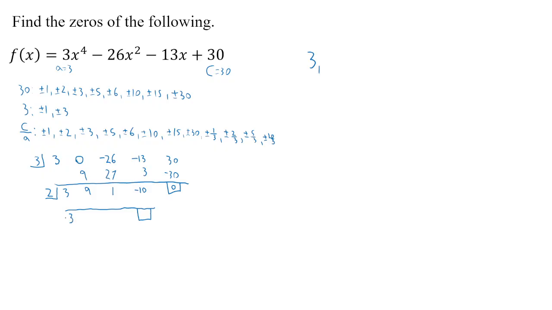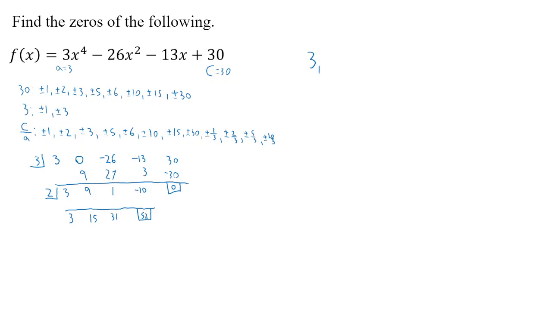Bring down your 3. 2 times 3 is 6. 9 plus 6 is 15. 2 times 15 is 30. 1 plus 30 is 31. And 2 times 31 is 62. Negative 10 plus 62 is 52. So as you can see, the remainder is not 0. Therefore, 2 is not an actual root.